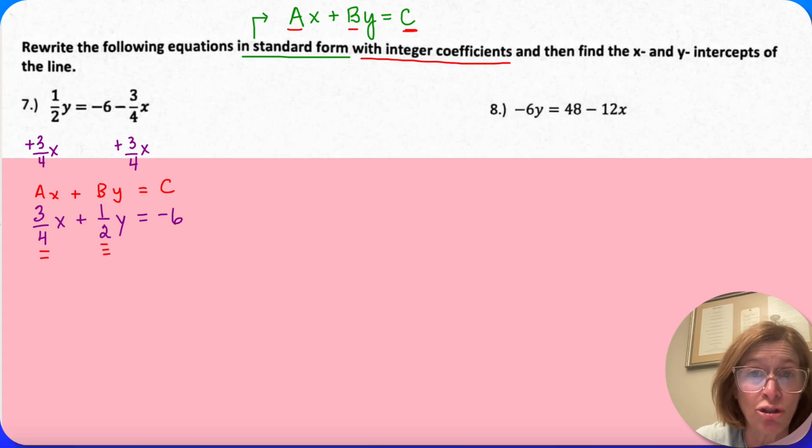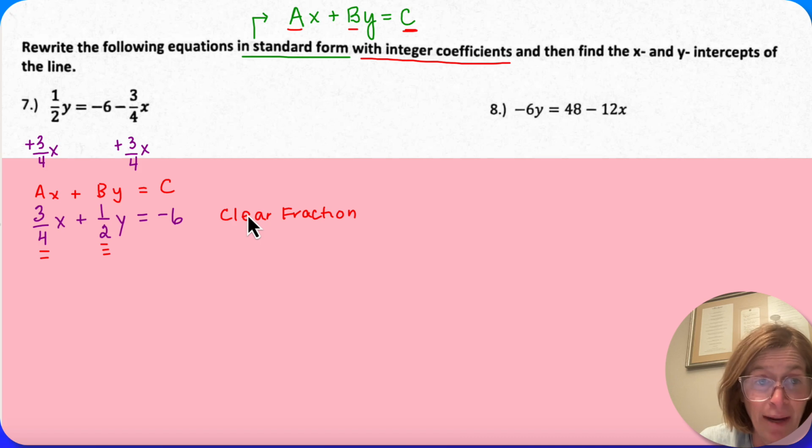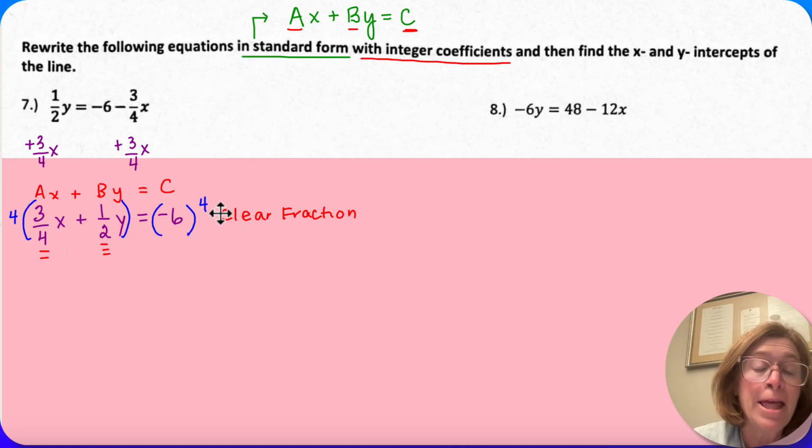They have to be integers. So to do that, I have to clear fractions. To clear the fractions, you're going to multiply both sides of the equation by the lowest common denominator, which in this case would be 4. So I'm going to multiply this side of the equation times 4 and this side of the equation times 4.